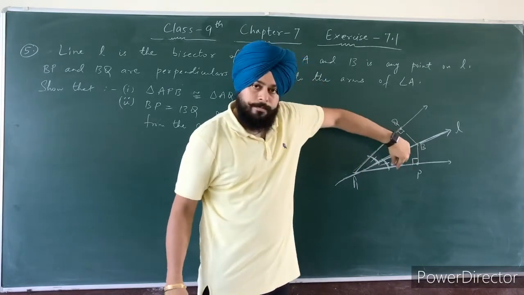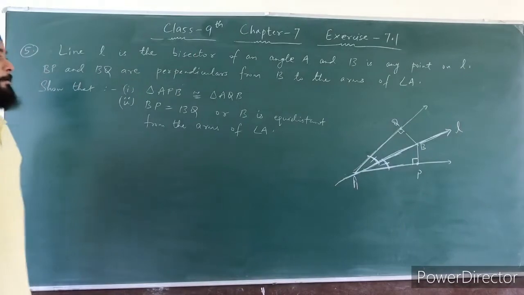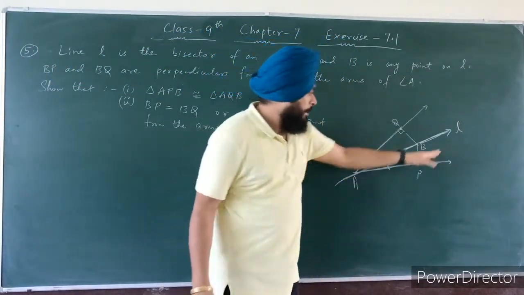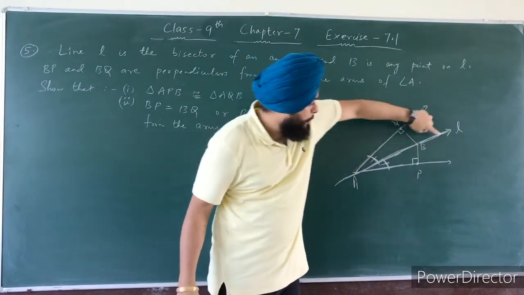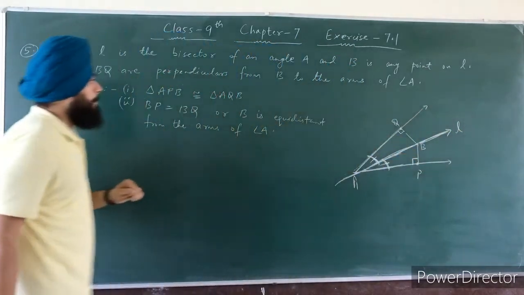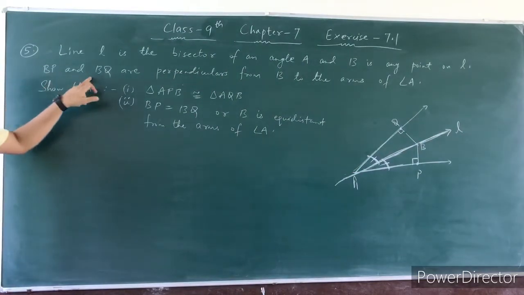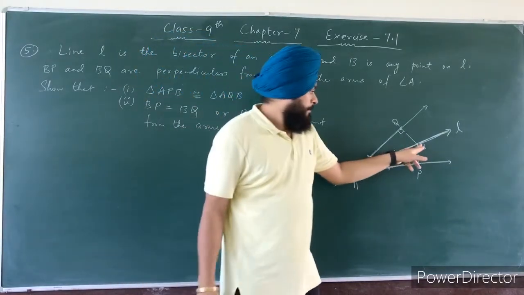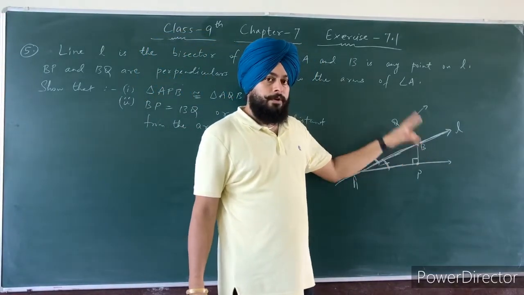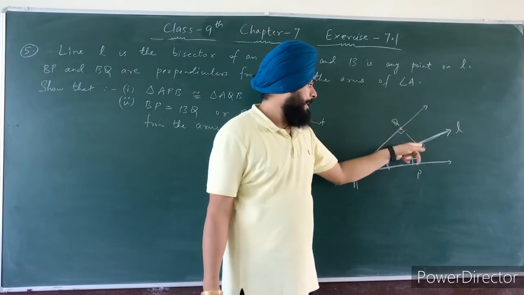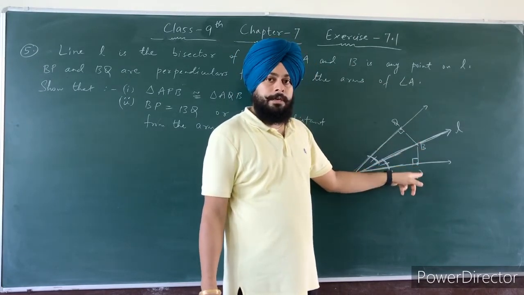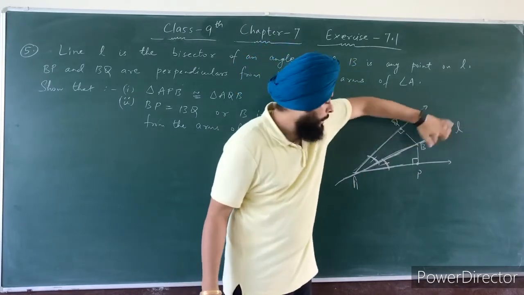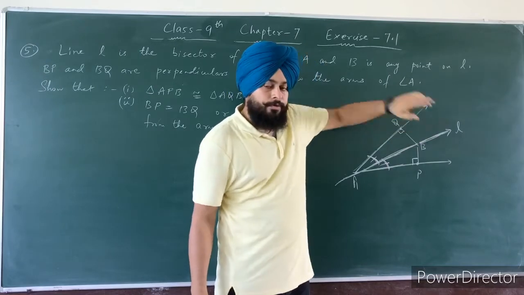And B is any point on L. BP and BQ are perpendiculars from B to the arms of angle A. From this point B, we have to draw two perpendiculars.